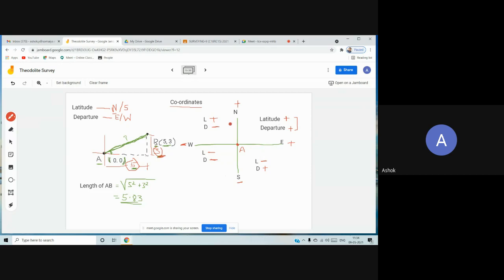If a line has latitude positive, departure negative, it will come in the northwest. If a line has latitude negative, departure positive, it will come in the southeast. Is it clear? Yes, sir. Okay.